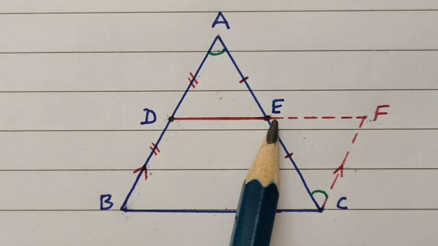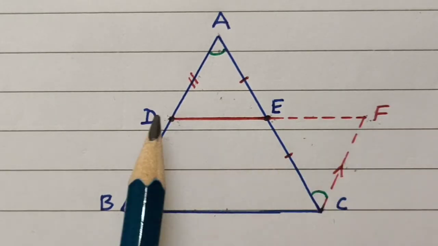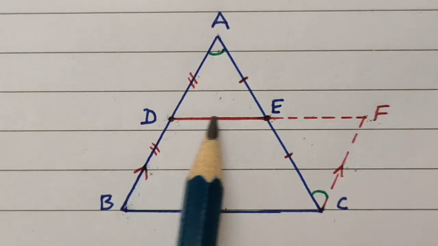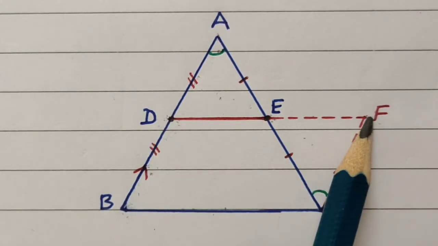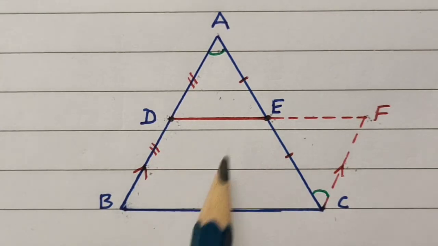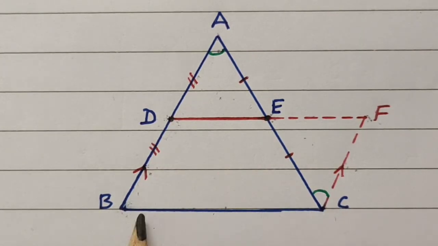Then DE is equal to half of DF, but DF is equal to BC. We can say that DE is equal to half of BC, the third side of the triangle. Hence we have proved the midpoint theorem.